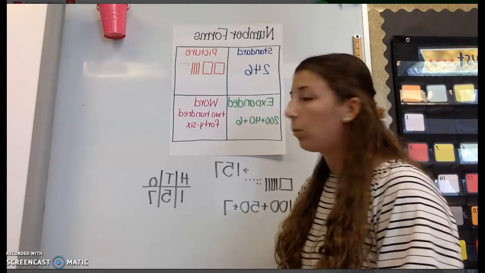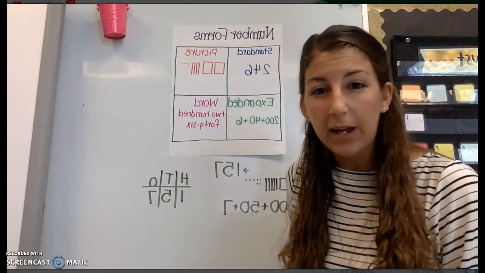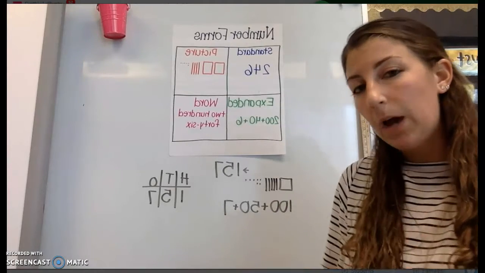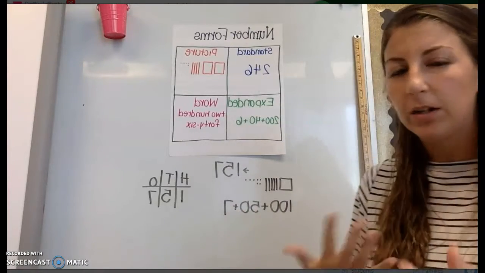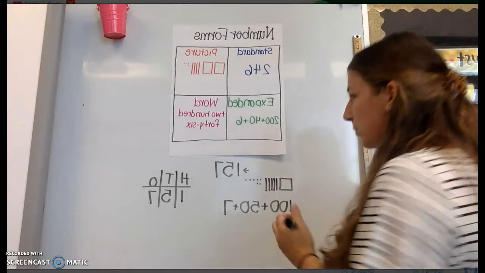Lastly, we have our word form. If you are unsure how to spell the words, that's okay. I will work on that with you, and once we practice it a little bit more, you'll get the hang of it and understanding of how to spell those words.